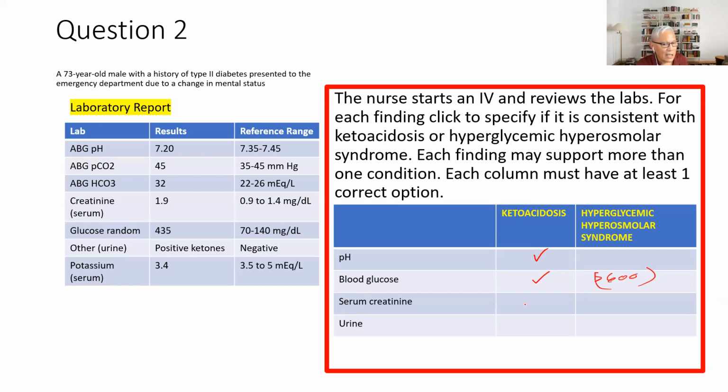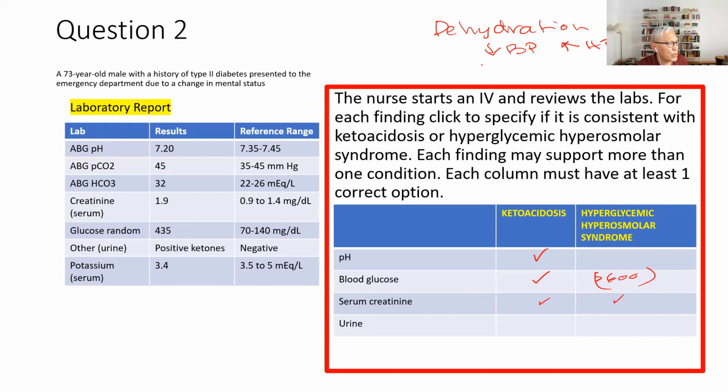The serum creatinine could be elevated in both because of dehydration. Dehydration would cause a decrease in blood pressure and an increased heart rate as compensatory mechanisms.